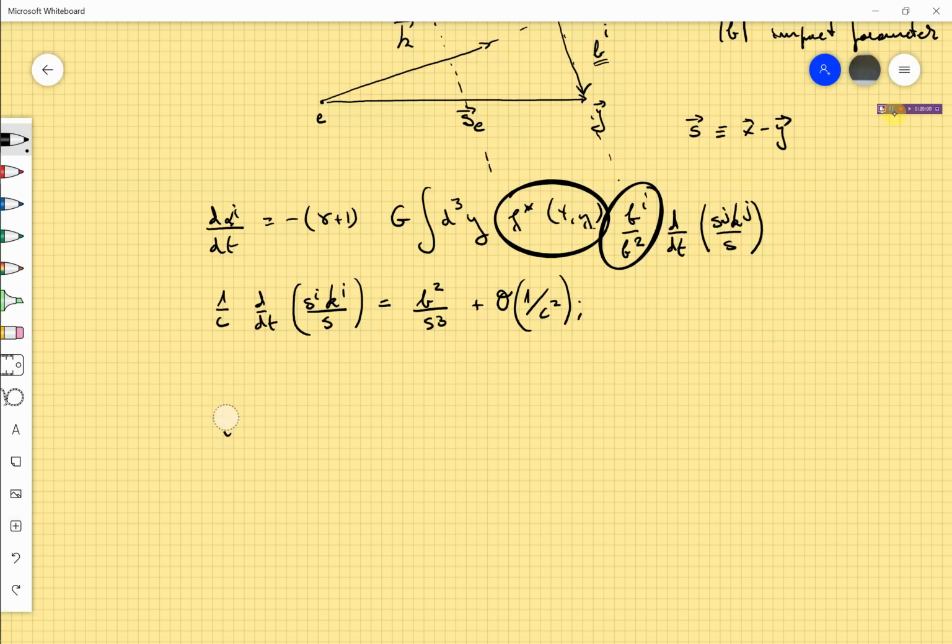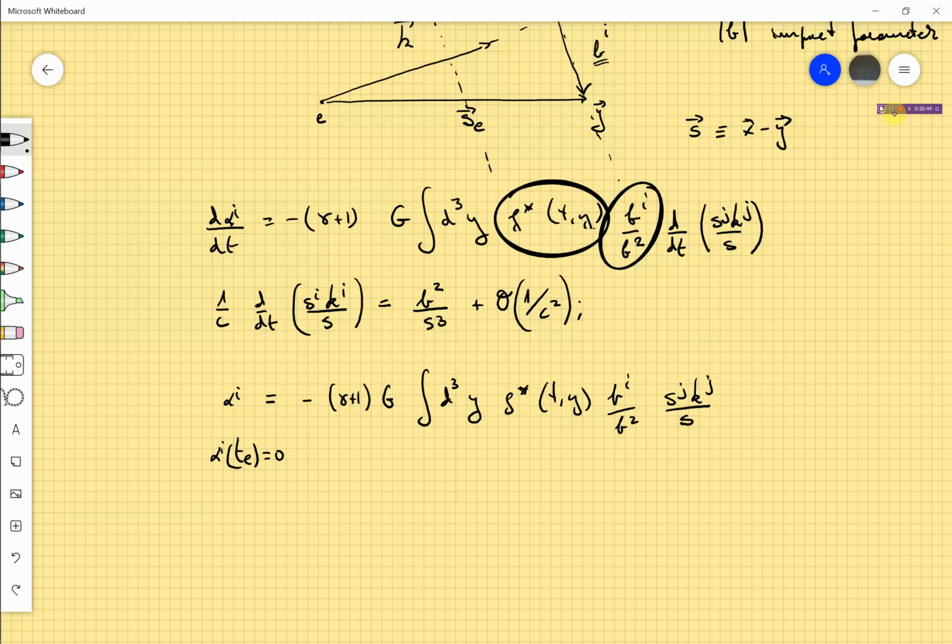Okay, so alpha I is just minus gamma plus 1 g, the integral of rho star Ty Bi over B squared Sj Kj divided by S, plus an integration constant, but you can choose this so that alpha I at emission time is 0.